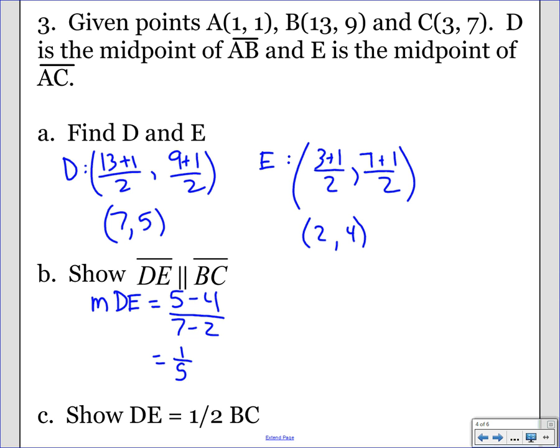Now BC, slope of BC. And notice how I'm organizing my work. Make sure that your work is really organized and I can read it so that I could give you partial credit on tests and quizzes. So BC, 9 minus 7 over 13 minus 3, 2 over 10, or 1/5. They have the same slope, so they are parallel.